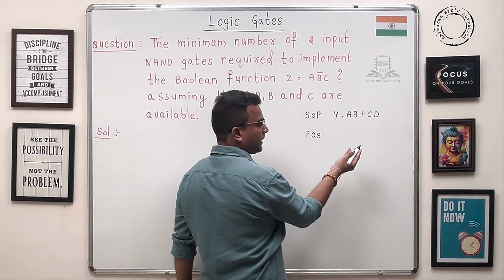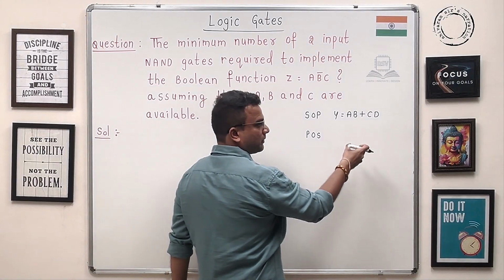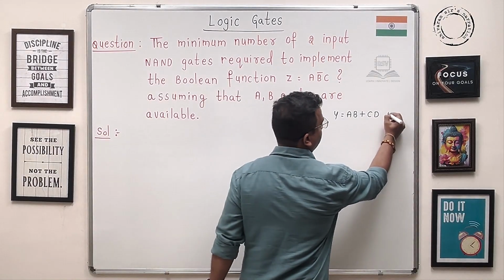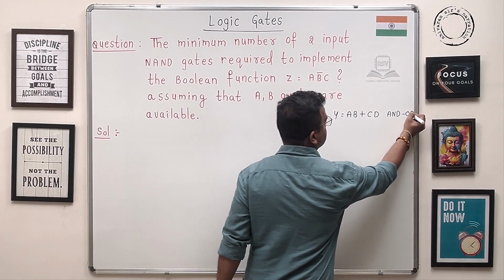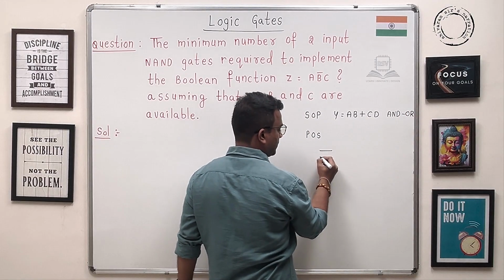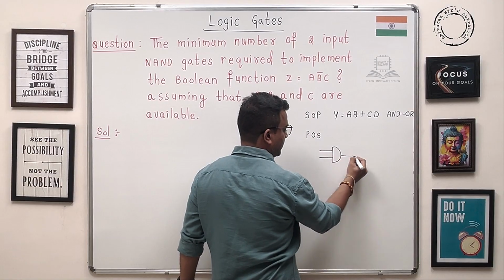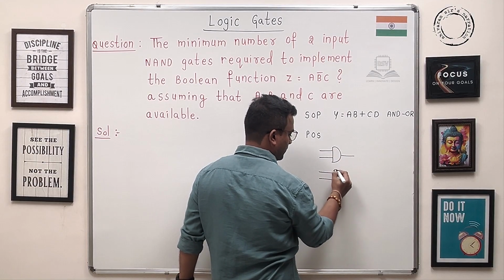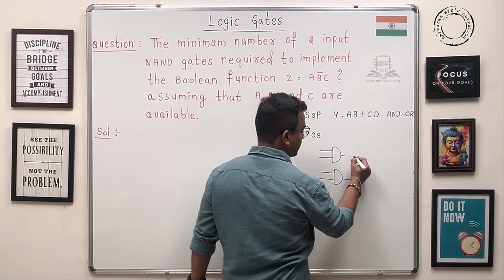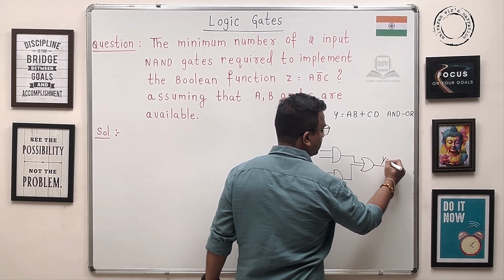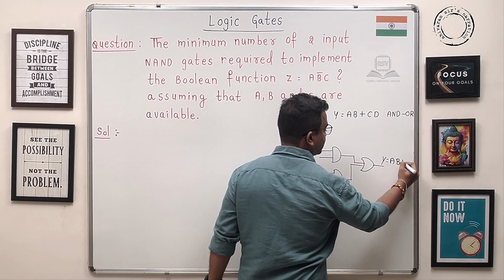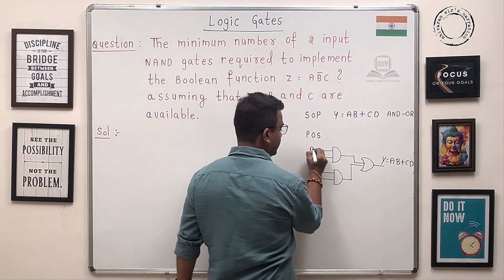Then this can be implemented in terms of AND OR levels, isn't it? Let's consider this ABCD, one AND gate, and again one more, and these outputs are connected to an OR gate. Then this will be AB plus CD, isn't it guys?